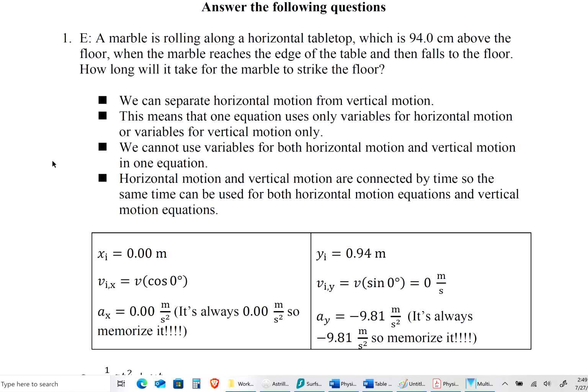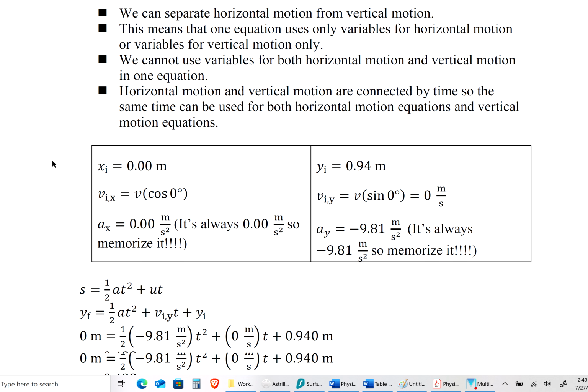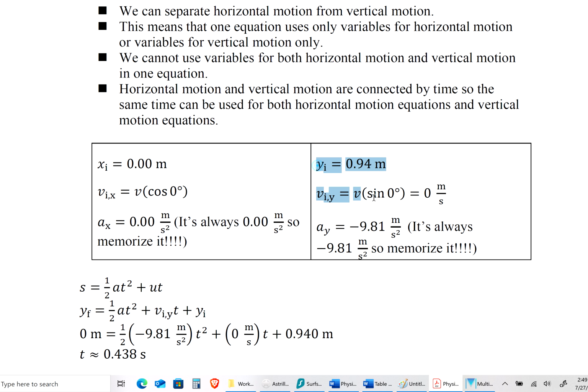For number 1, we want to know how long it takes for a marble to reach the floor. So let's take a look at these variables here. Y initial is 0.94 meters, V initial y is 0 meters per second, and acceleration y is minus 9.81 meters per second squared, because I'm saying positive y is up, negative y is down.